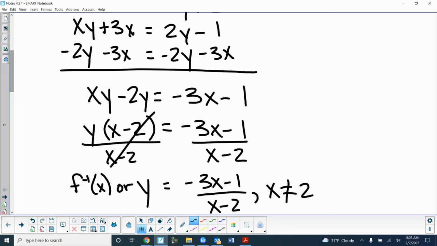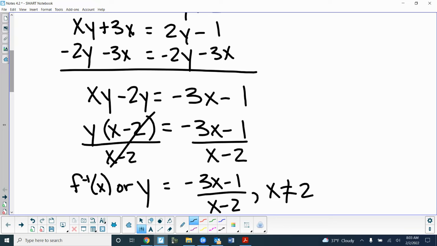Any question on those? Those should have been pretty easy for you. 35, negative 1/2 x plus 5/2. 36, negative x plus 3. Exactly the same.